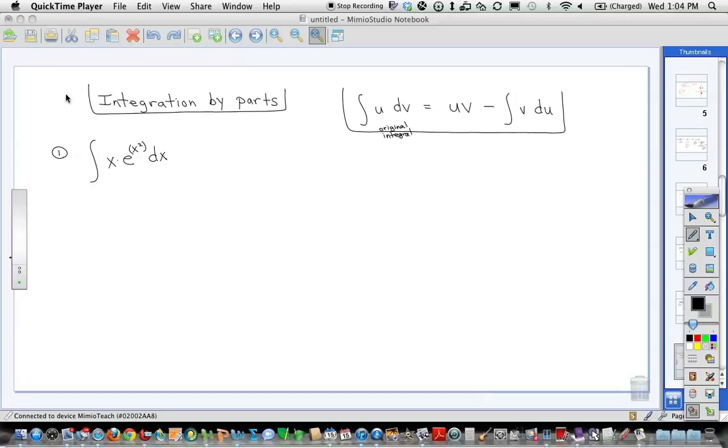See, so hopefully you're to the point where you would look at a problem like this and right away, if this was on the gateway, you would think u substitution. I'll let u equal x squared. The du is the x dx set right there. This is great. This is a perfect u substitution problem. But if I change that to just an x, now it's not. Okay, so here's how this is going to work.